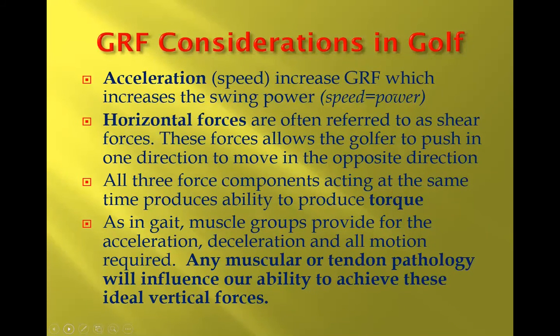So again, we know that acceleration or speed increases with ground reactive forces, and that's important when it comes to golf. We want speed to get the ball further, so we definitely want to increase our ground reactive forces.